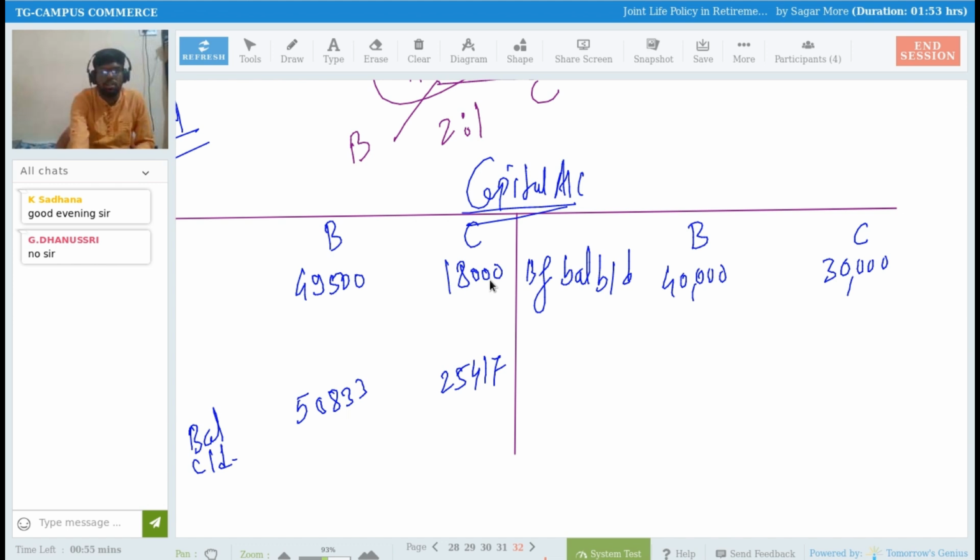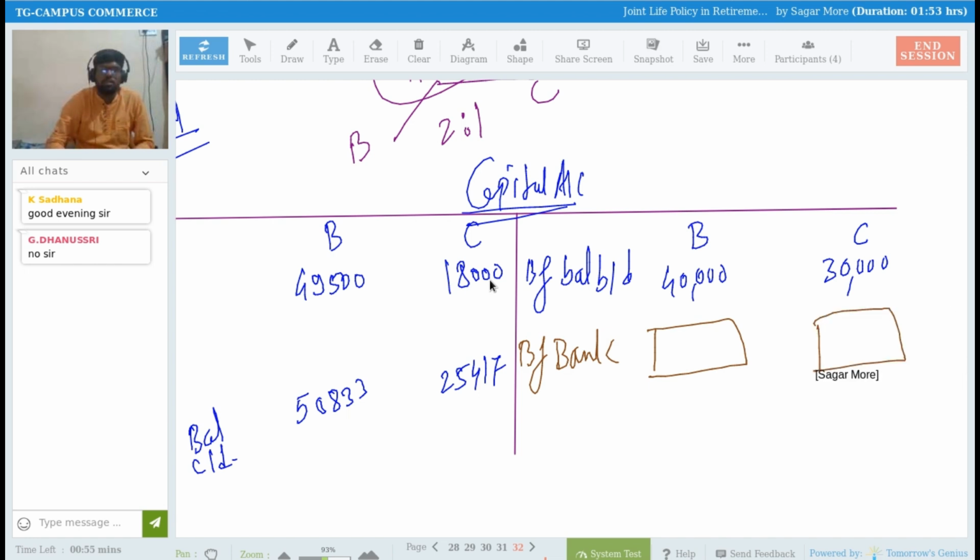So if you do the total now, you will get the balance on the credit side. So that is your by bank. Tell me the balance. For B, the total is 49,500 plus 50,833 minus 40,000, you can do on the calculator. For C, 18,000 plus 25,417 minus 30,000, you will get the balance on the credit side.